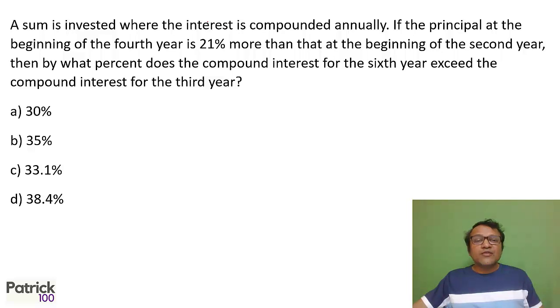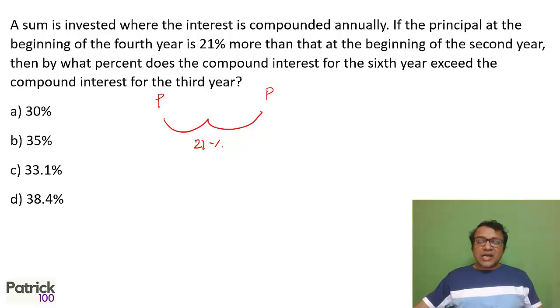A sum was invested where the interest is compounded annually. In 2 years, the increase is 21%. Remember, in compound interest, the amount is the principal plus interest, and it increases at a rate equal to the interest rate. Both principal and interest increase at the rate of interest.